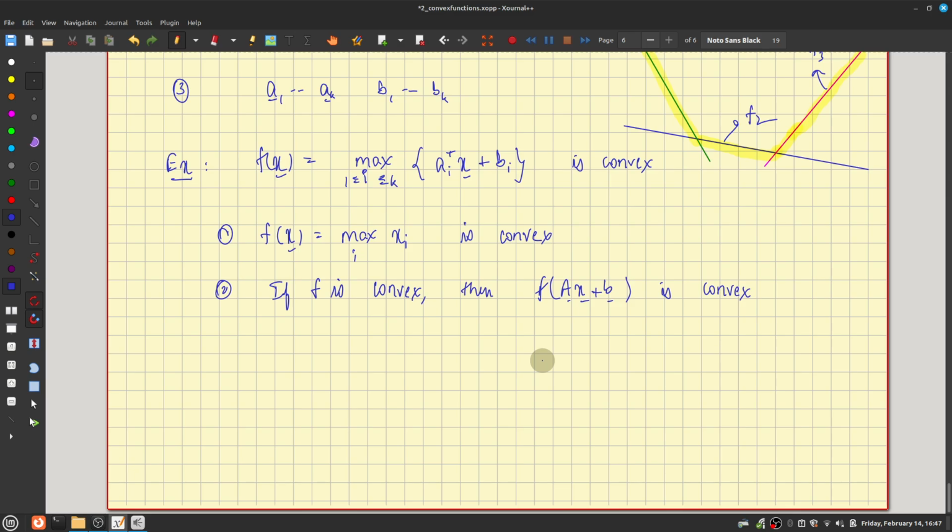But try to think about it anyway. One way of testing convexity is using the second derivative test.